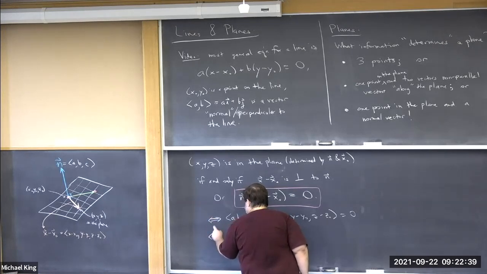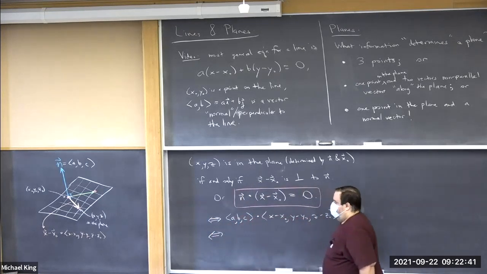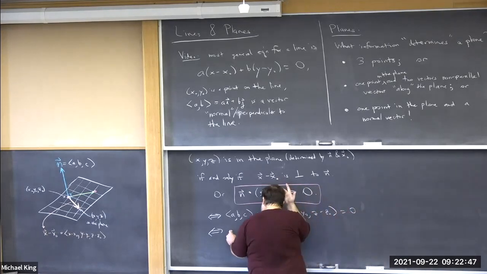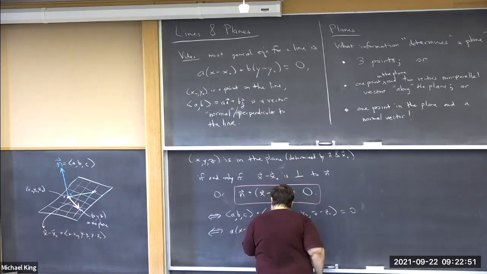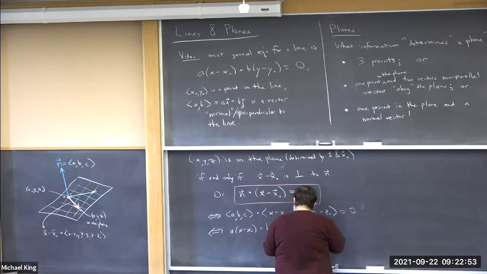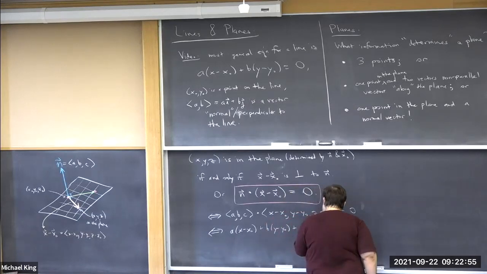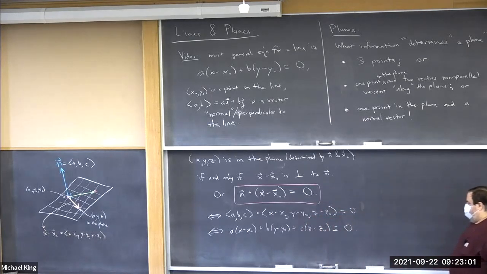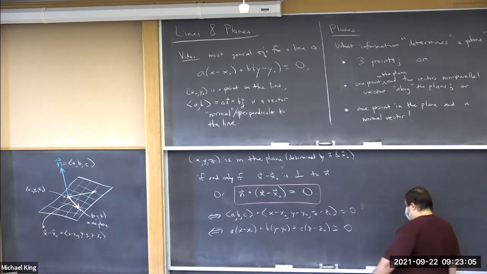This symbol also means if and only if, this double-headed arrow. So if you write this out, you get A times x minus x naught plus B times y minus y naught plus C times z minus z naught equals 0. Okay, so this is our general equation for a plane.